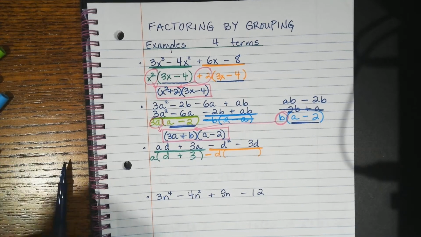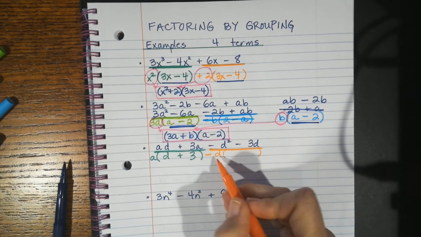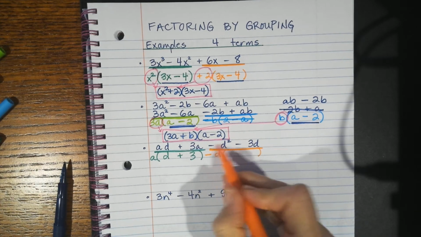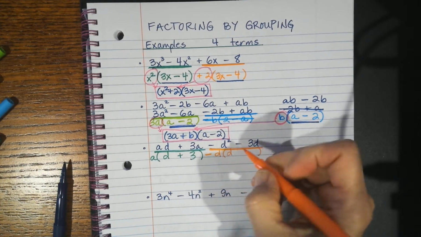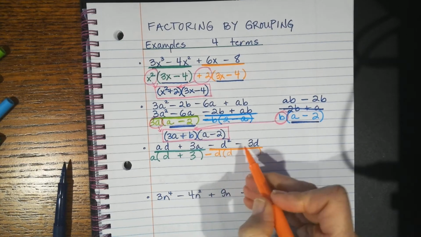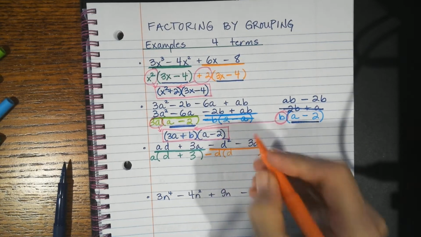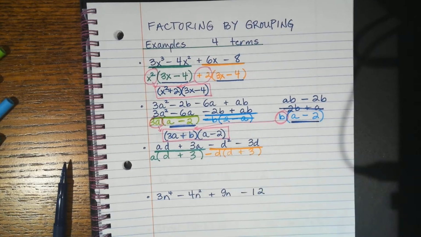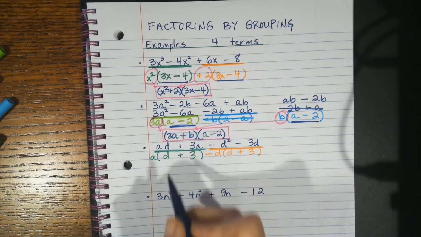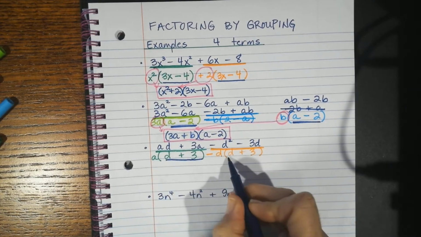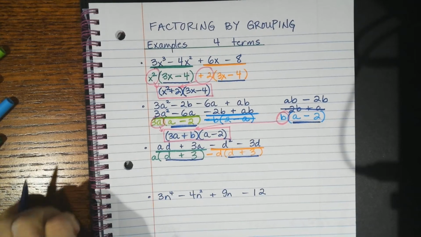Now, whenever you have a minus, you have to be careful here. What times minus D will give me minus D squared? That's going to be a D. What times negative D will give me minus 3D? That's going to be plus 3. Yay! So again, I notice here I have a common factor. I have D plus 3. These are both multiplied times D plus 3.